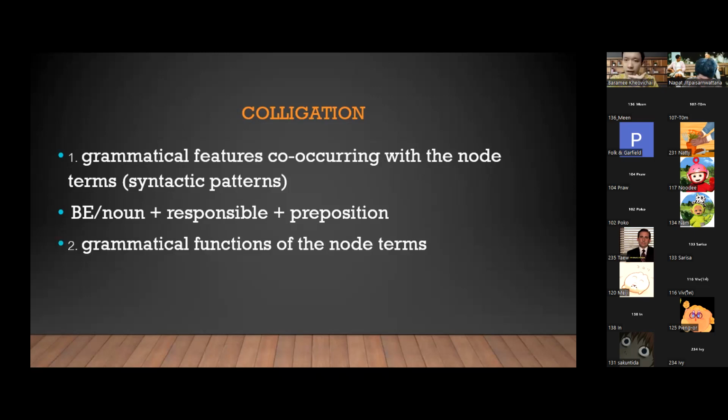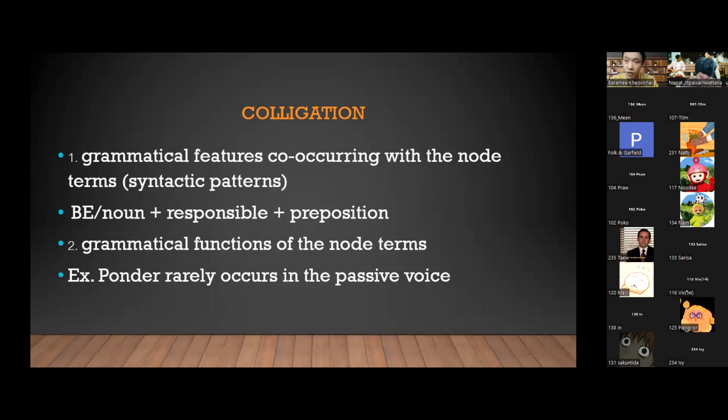Now, apart from that, we can also look at the grammatical functions of the node terms. For example, is this word used in the present tense or the past tense? Is it used in the singular form or plural form?